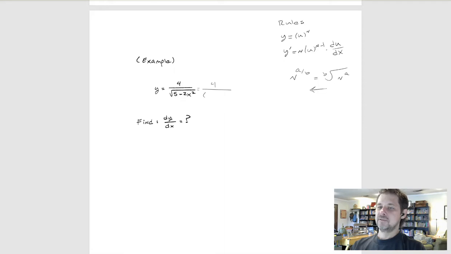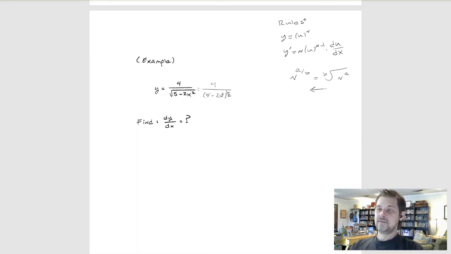So that's going to say 5 minus 2x squared to the 1/2 power. So square roots convert to the fractional power of 1/2. Okay, so I got 4 over 5 minus 2x squared to the power 1 over 2.